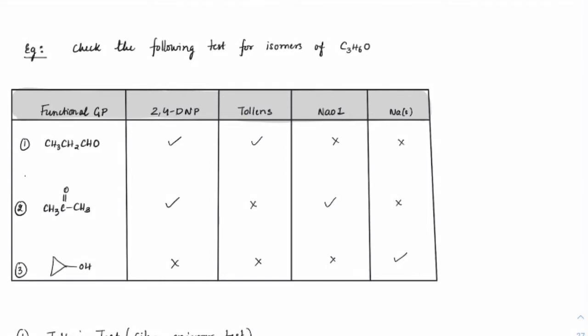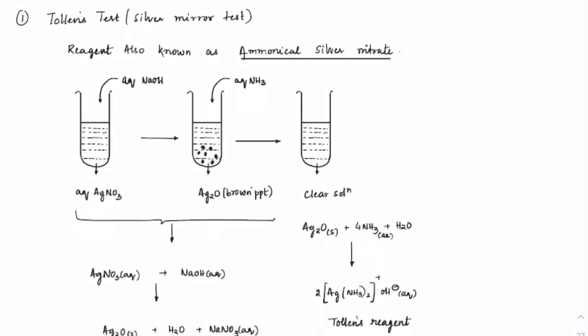Now coming to the Tollens test, let's see what's happening in it. First, if we take aqueous AgNO3 and add some aqueous NaOH, as soon as we add NaOH, Ag will react with OH to form AgOH, which will eventually form Ag2O precipitate.